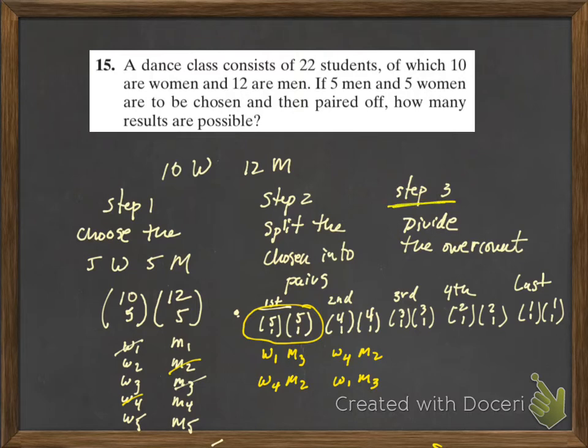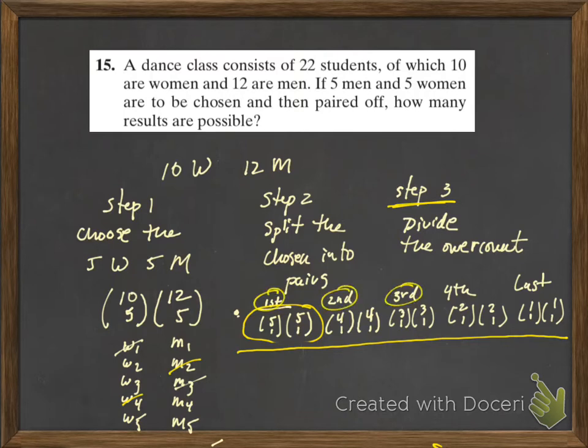So this is where step 3 comes in, and we want to divide out the overcount. The amount that we're overcounting is all the permutations of a particular pairing that we have ordered by this first, second, third, fourth, and last pairing. So we're going to divide out by 5 factorial.